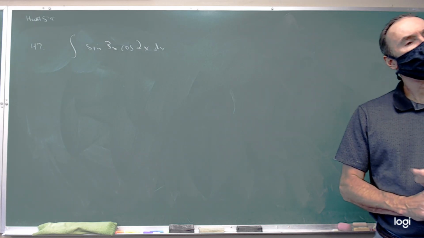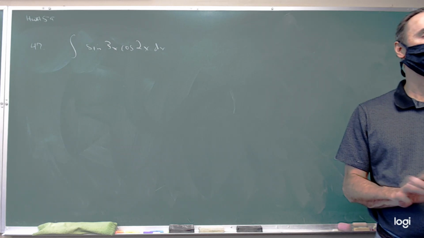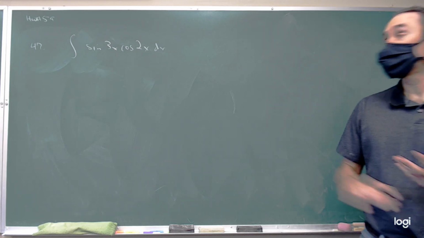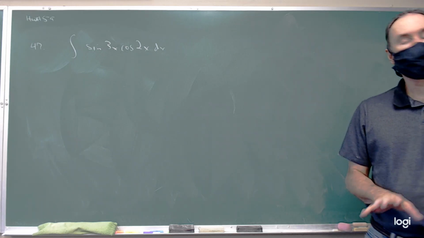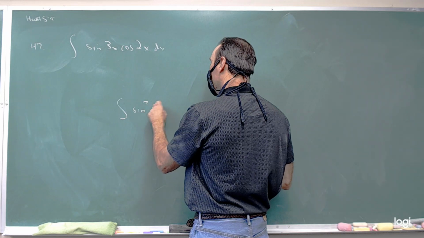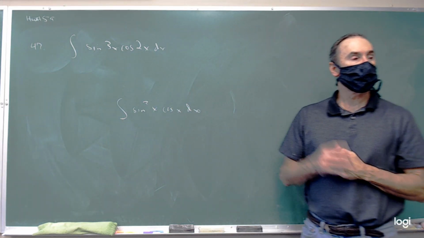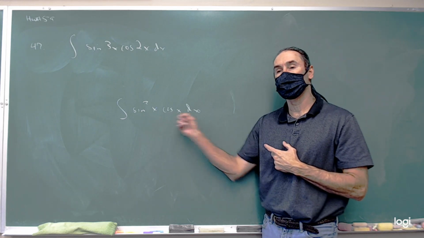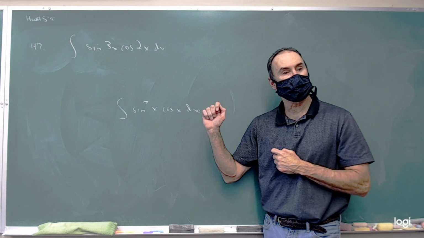Will we get these on the AP test? No, you will not have any of this stuff on the AP. They won't ask you. This is not an AP topic. It would be reasonable to see something like this on an AP test, where you could say U is going to be sine X, DU is going to be the cosine, and you can make it into a power integral.